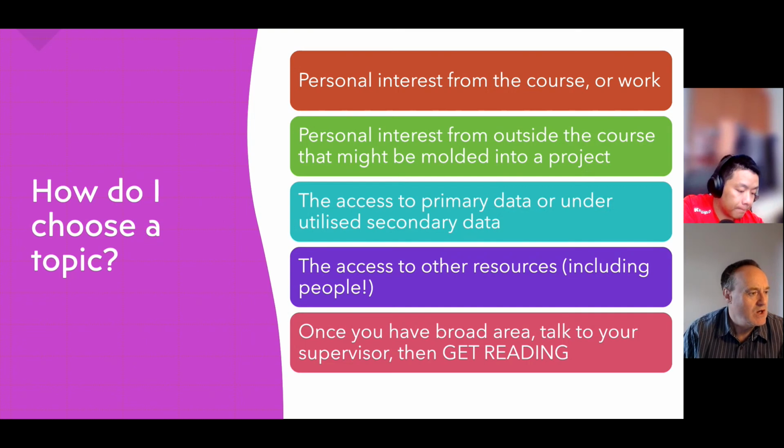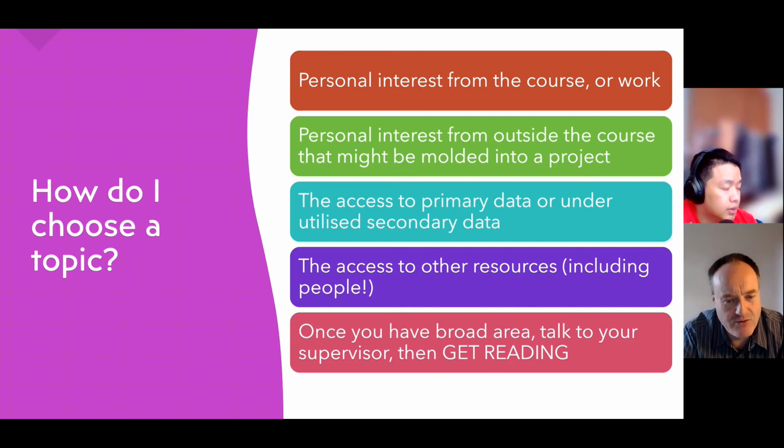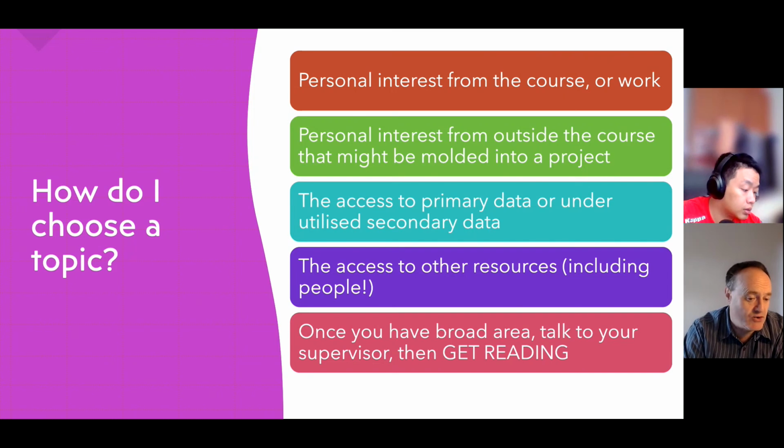Yes. So the first bit that you have to do really is to pick a topic. And there are a number of ways we can do that. You might have a personal interest on the course or in an allied subject outside of that from work, and you think that might be a good area that you wish to collect some information on.